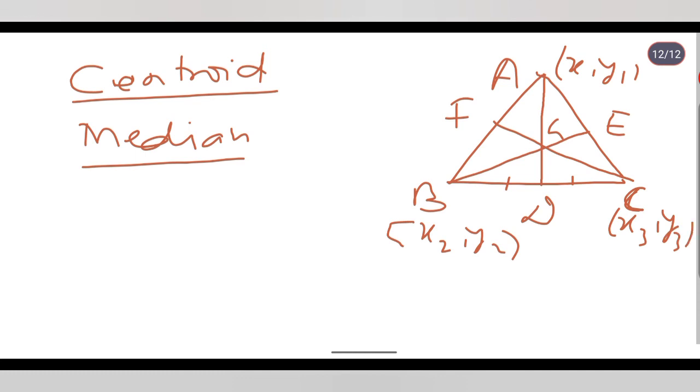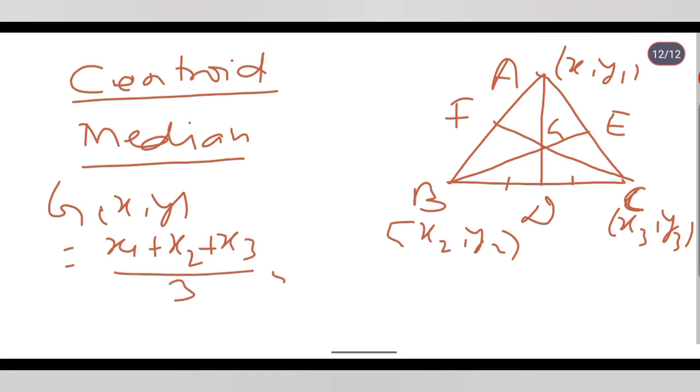Now we have to find G. So G(x, y) is given by (x1 plus x2 plus x3) by 3 and (y1 plus y2 plus y3) by 3. Okay, we can say simply the median is the line segment that divides the side into two equal parts, and it is drawn from the opposite vertex. Okay, and the centroid is the point where the three medians of a triangle intersect each other, and it is represented by G. Now move to the next part.